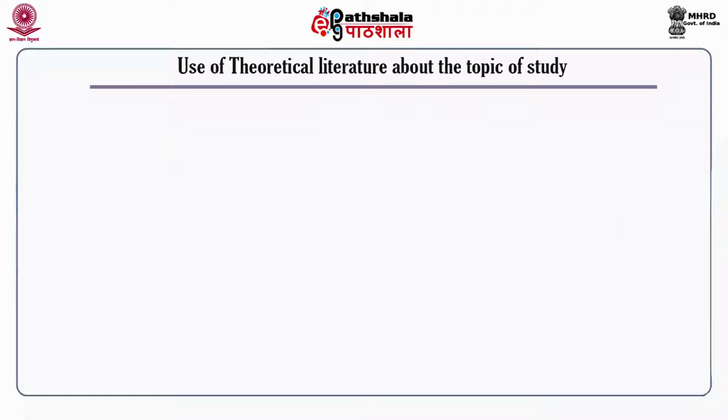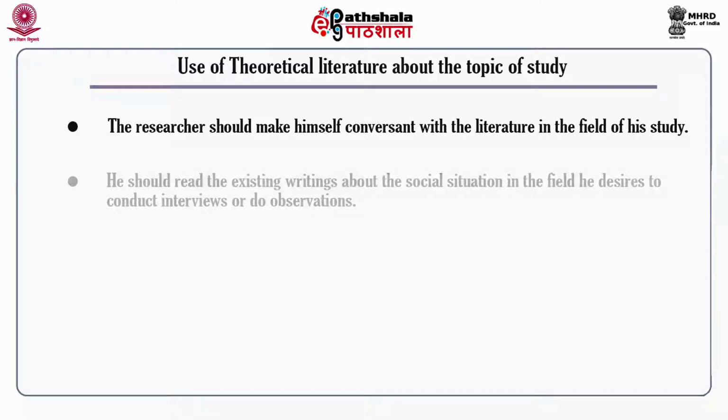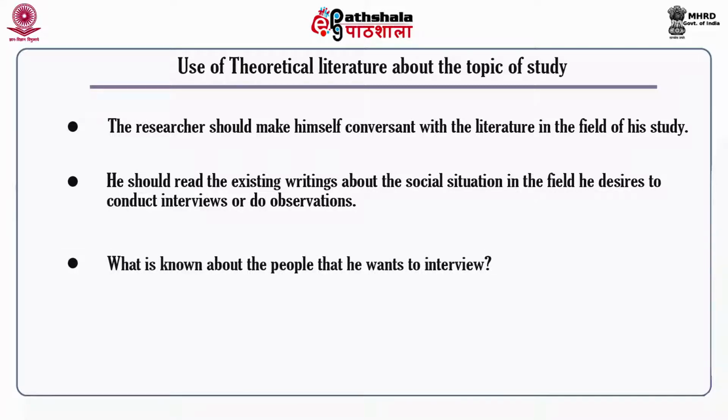Use of theoretical literature about the topic of study. The researcher should make himself conversant with the literature in the field of his study. He should read the existing writings about the social situation in the field where he desires to conduct interviews or do observations, and what is known about the people that he wants to interview.